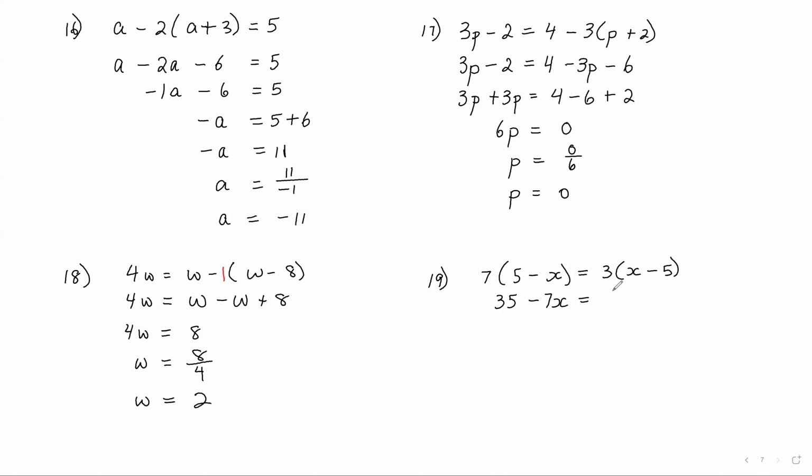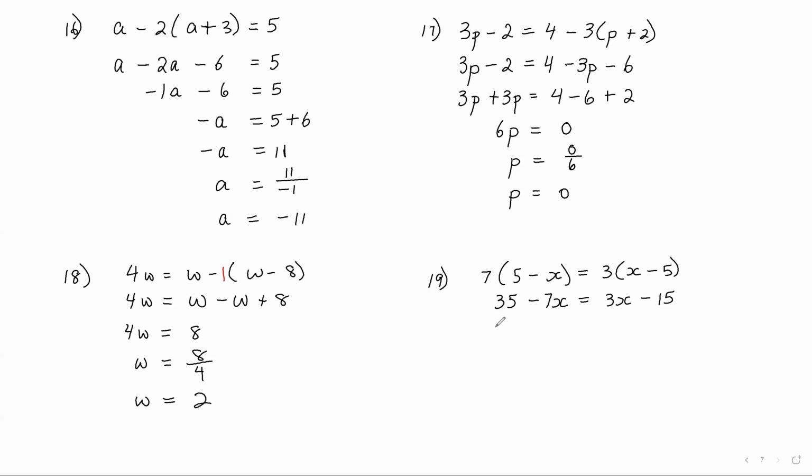And then 3x minus 15. Beautiful. All right. So the bigger number of x's here is 3x, right? Because this is -7 and 3 is bigger than -7. So my suggestion is to move the 7x to the right-hand side and move the 15 to the left-hand side.